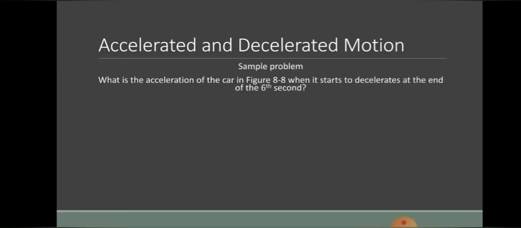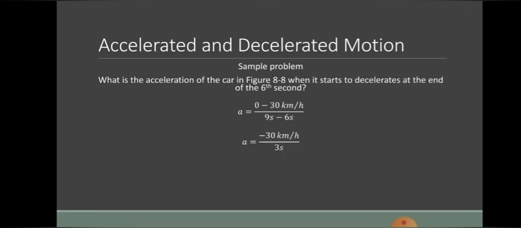Now, what is the acceleration of the car in figure 8-8 when it starts to decelerate at the end of the 6th second? Our final velocity, since it is stopping, is 0. We subtract its starting velocity when it was still speeding up, which is 30 km per hour, over our final time of 9 seconds, and the deceleration starts from 6 seconds.